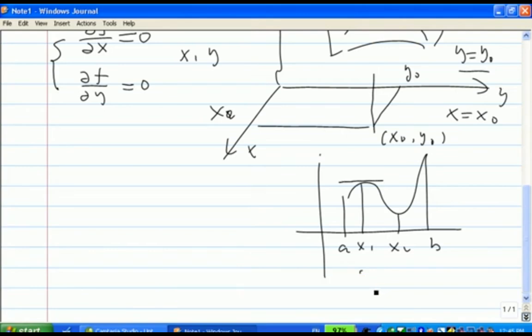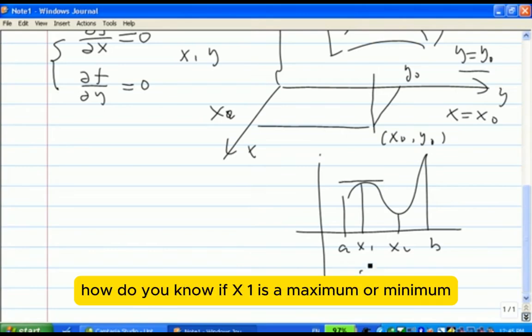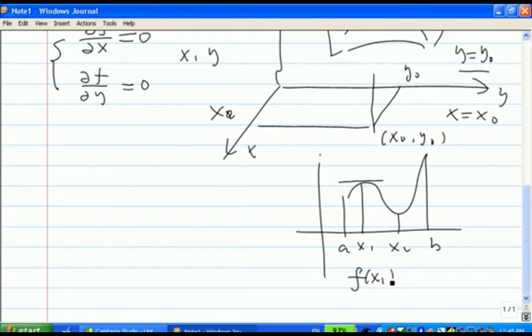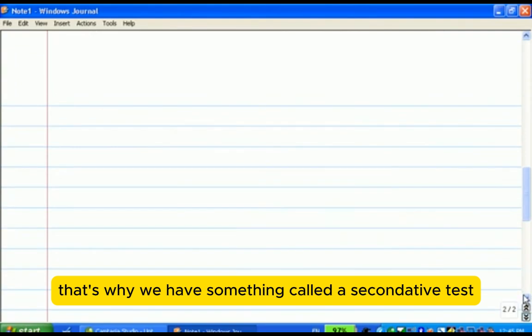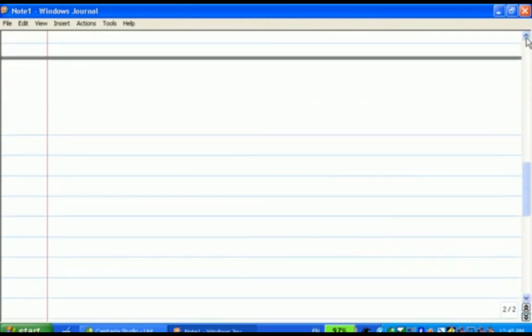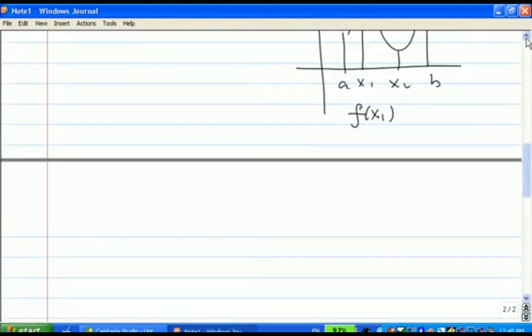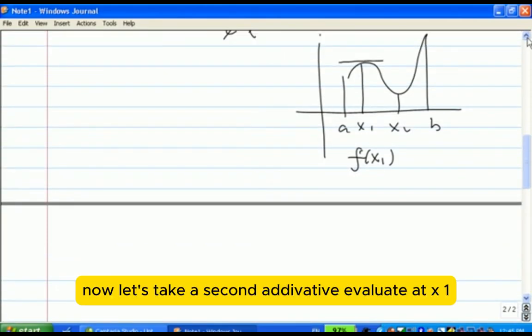If I don't give you a graph, how do you know whether f(x1) is a maximum or minimum? That's why we have something called the second derivative test. Let's take a second derivative and evaluate at x1.